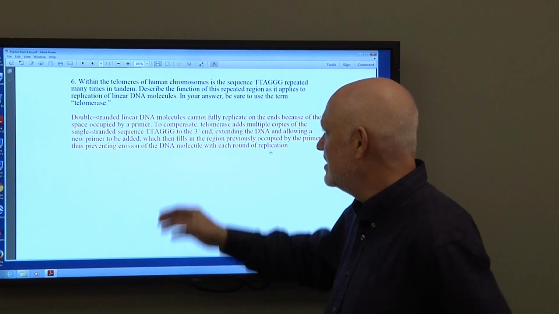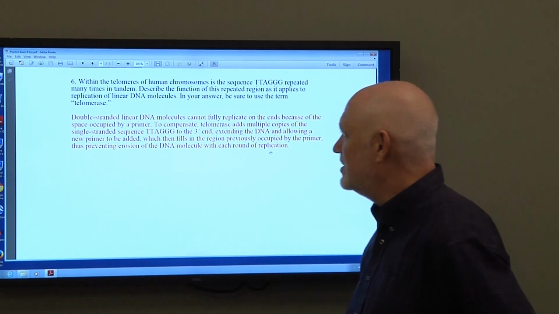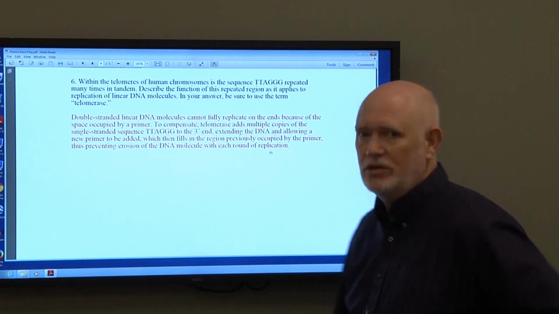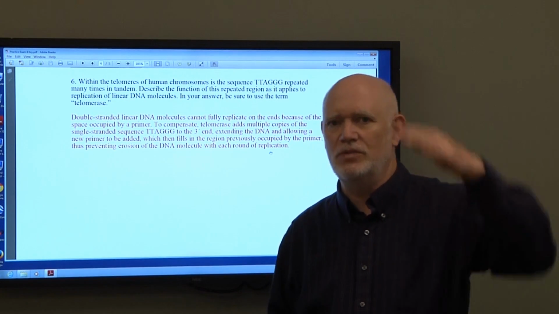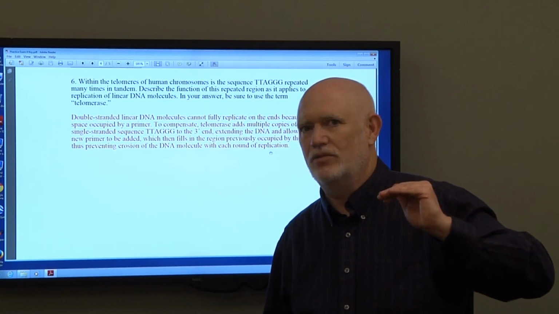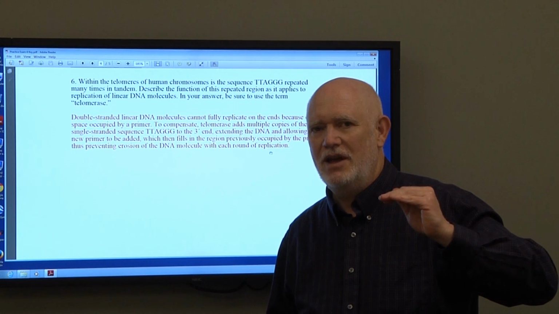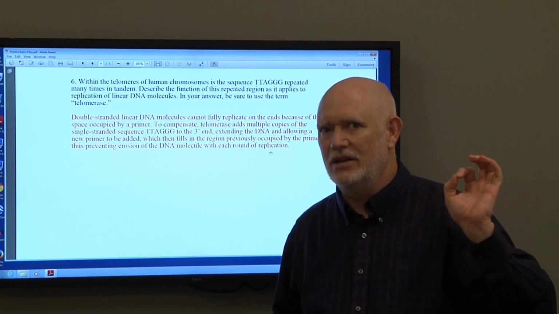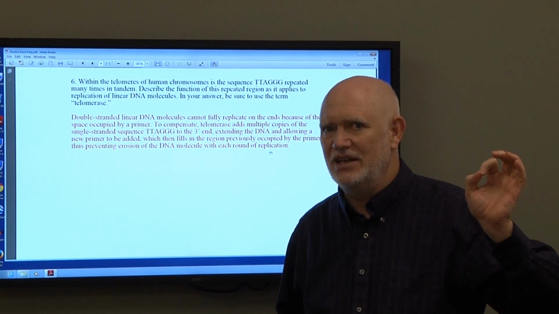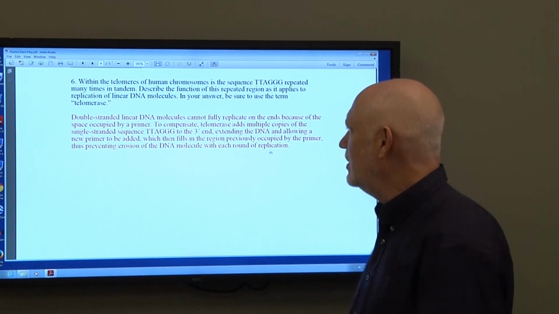As we mentioned, we discussed this in class. So what happens here is double-stranded linear DNA molecules cannot fully replicate on their ends, the reason being that there's a space left where the primer was, and the new nucleotides cannot be added onto the 5' end of that DNA molecule, and therefore it leaves a gap.